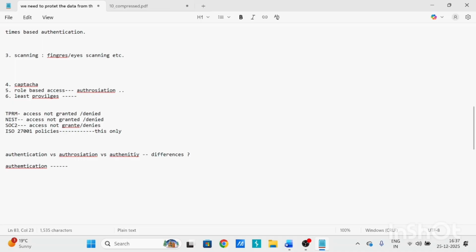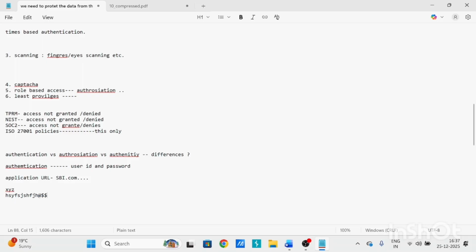Authentication always deals with the user ID and password. If you have an application URL called spi.com, on the home page you need to enter your user ID, for example XYZ, and after this your password.